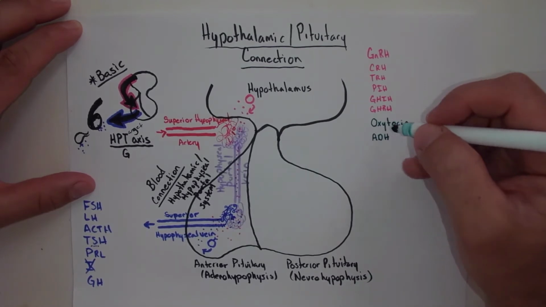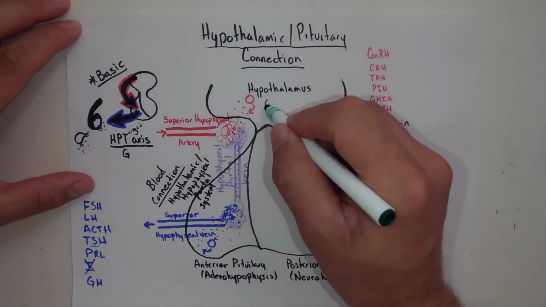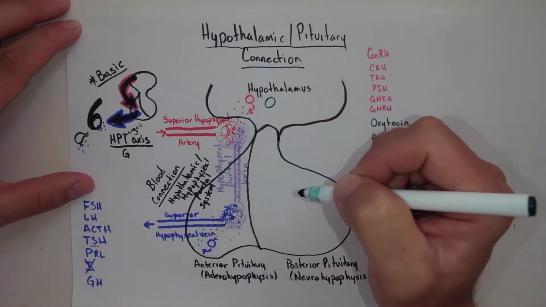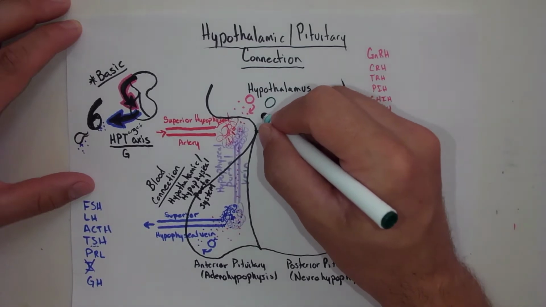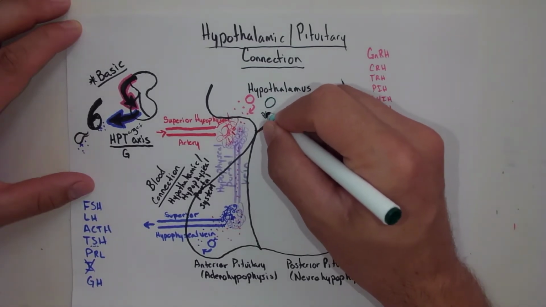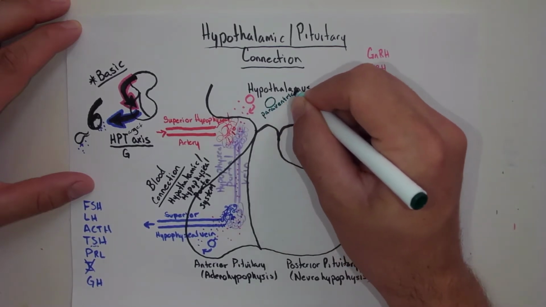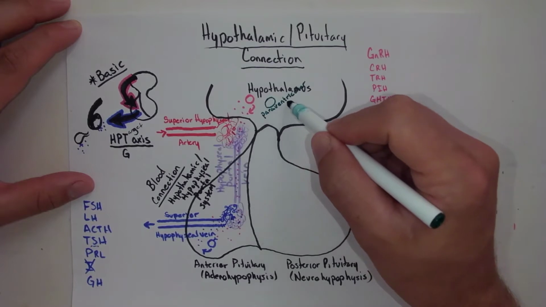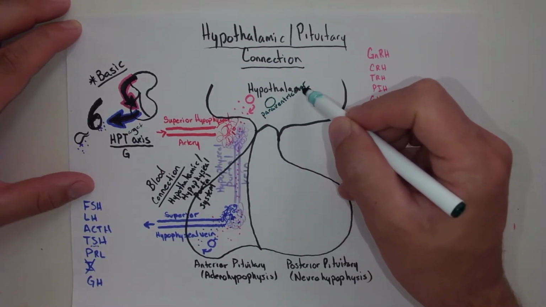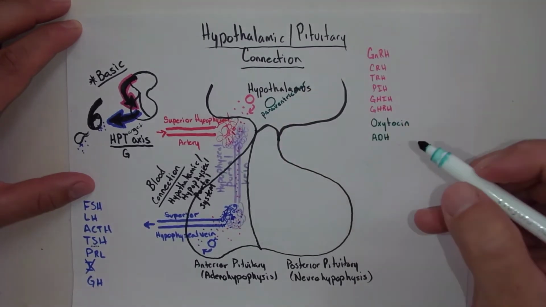Oxytocin is made by cells of the paraventricular nucleus. Paraventricular nucleus.